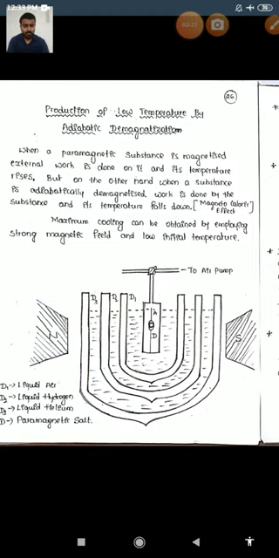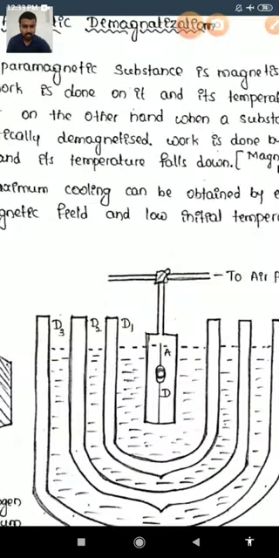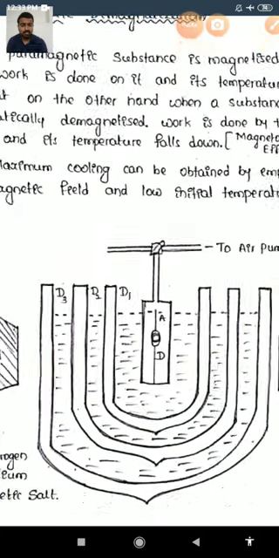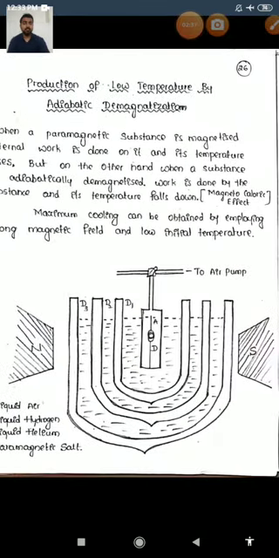The paramagnetic substance contained in the tube A, as you can see here, increases its temperature due to the strong magnetic field. Then the cold helium gas surrounding tube A is pumped out in order to maintain a constant temperature for the paramagnetic substance.